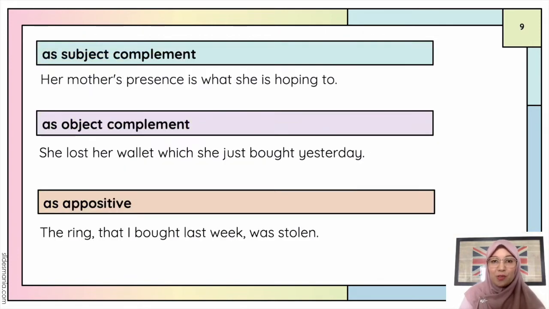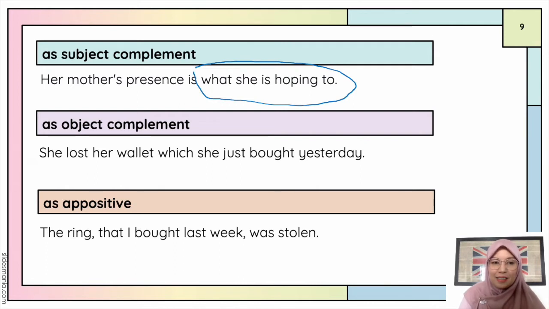Now let's continue to the next function. The function as subject complement. Her mother's presence is what she is hoping to. Can you find a noun clause? Yes, that's right. What she is hoping to is the noun clause.